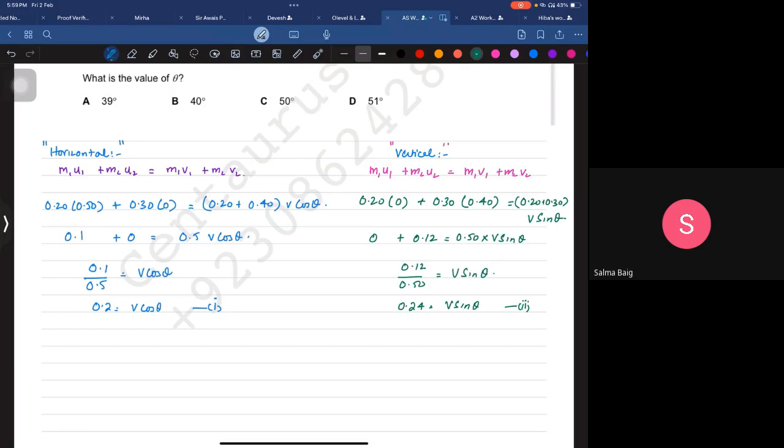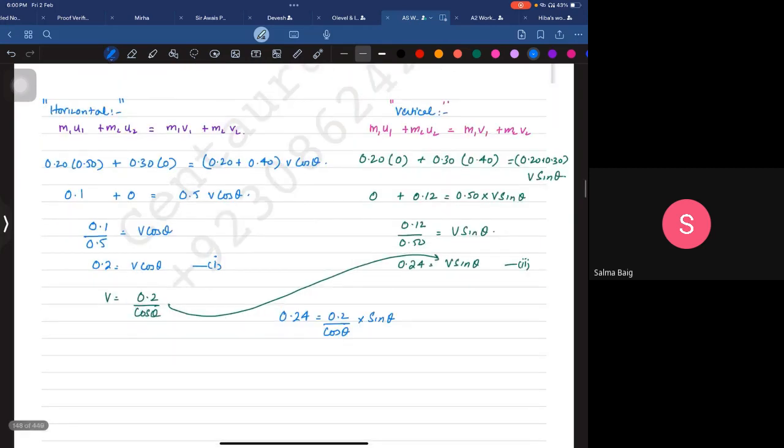We need theta only, don't need V. So V can be written as 0.2 divided by cosine theta, and we will replace this right here. If I do that, then 0.24 equals, instead of V, I'm going to write 0.2 over cosine theta times sine theta. So I've just replaced V here.